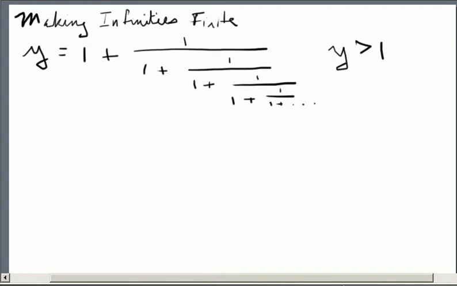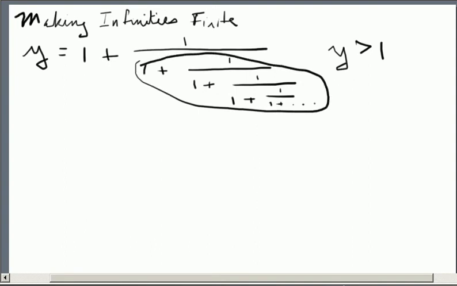The other thing is it repeats itself. So if this is y, this thing is also y. So that's also y. So we can write that as y equals 1 plus 1 over y.